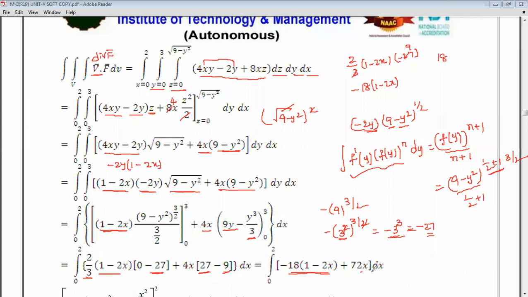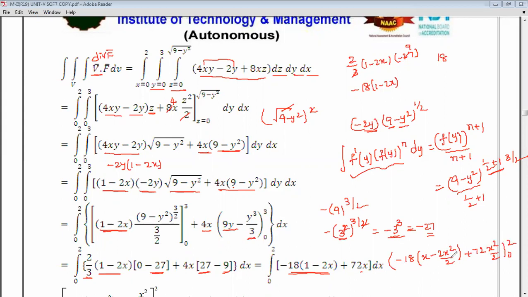And here we can now apply integration with respect to x. With respect to x, minus 18 is constant, and the integral of 1 is nothing but x, and the integral of 2x is 2x square by 2, plus 72 into the integral of x, which is x square by 2, between the limits 0 to 2, right?